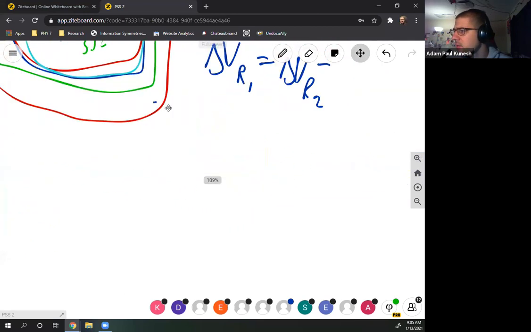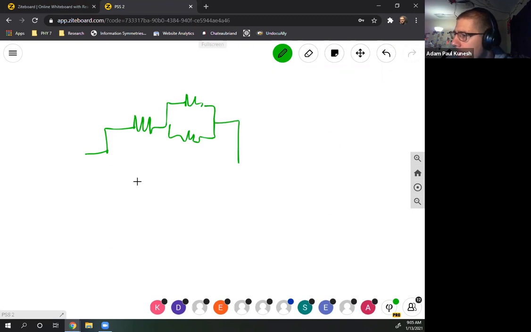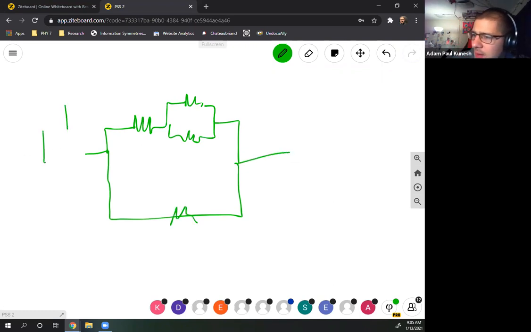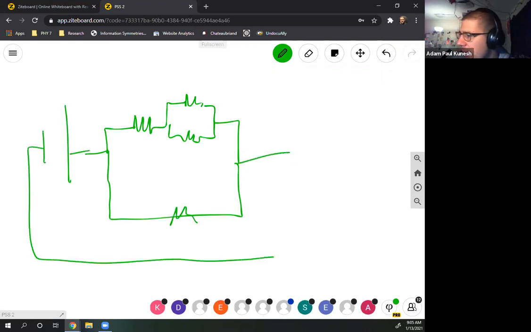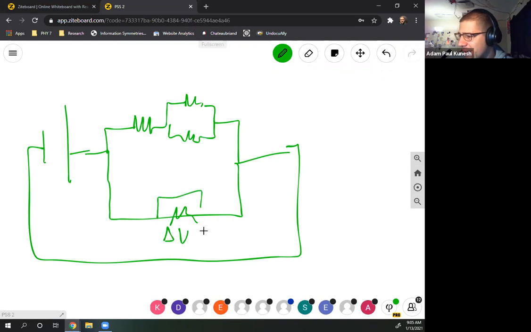So let me think of another quick example. Say I had a battery like this, and I told you that the change in voltage across this resistor, delta V across this resistor, is 2 volts.